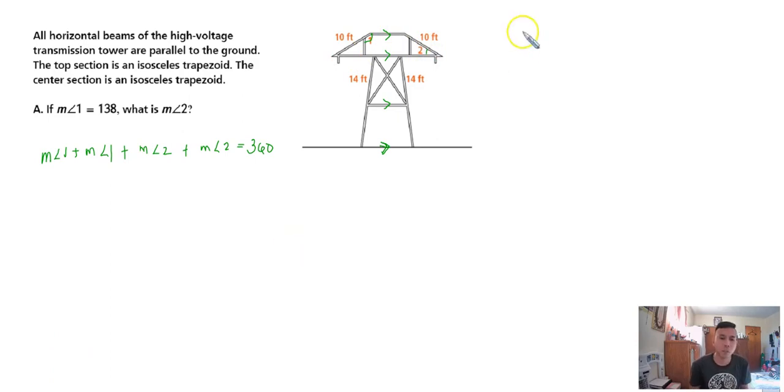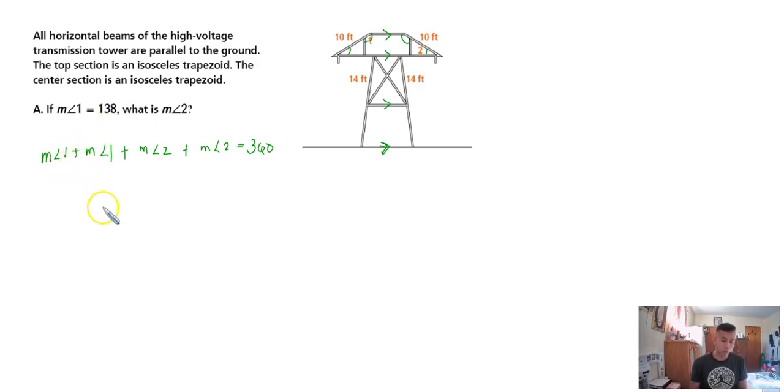So there you go. Make sure that this angle 2 here, the base angles, are congruent, okay? And of course the base angles, when I put that again on your isosceles trapezoid, are also congruent here. That's why I have to double them. So angle 1 is 138.